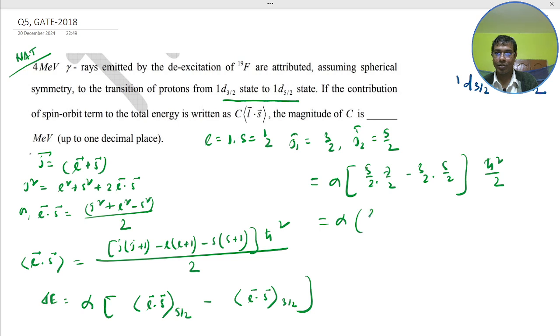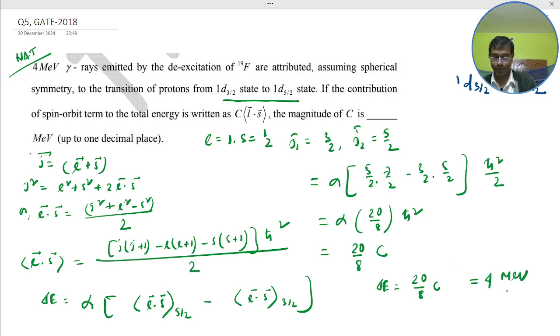Basically alpha, this value after 20 by 8 h cross square, and 20 by 8, basically this is the C, and delta E is equal to 20 by 8 C. This is given 4 mega electron volt in the questions, 4 MeV.